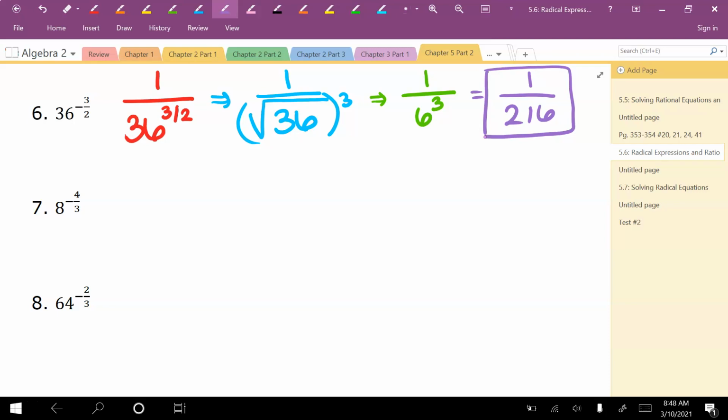Okay, if you want to try 7 and 8, go ahead and I'll give you a minute or two to do that, and then I'll walk through them with you.